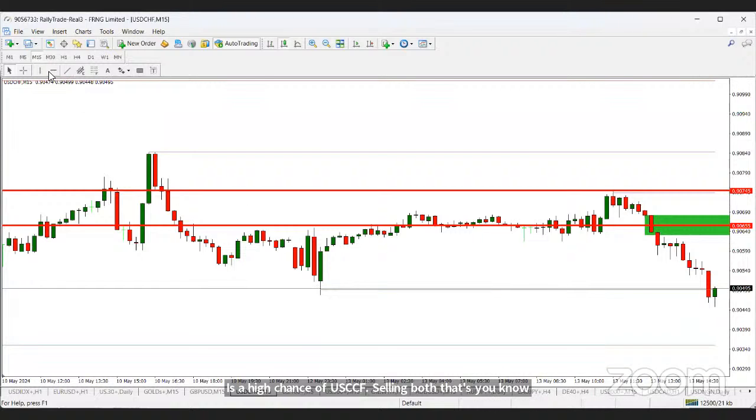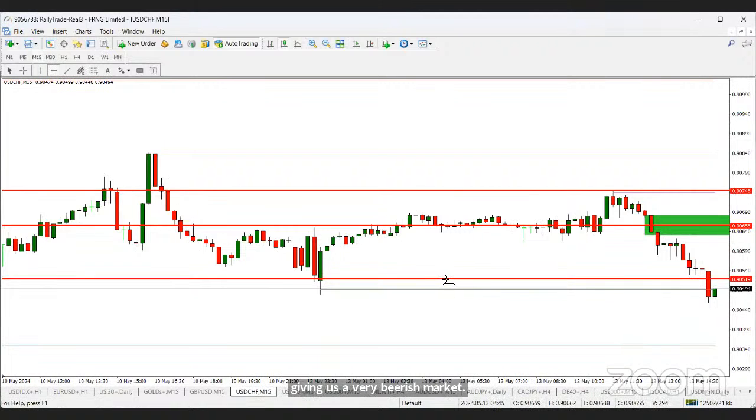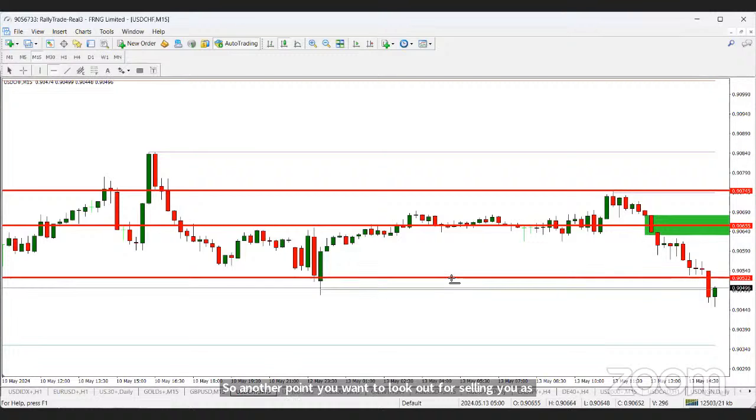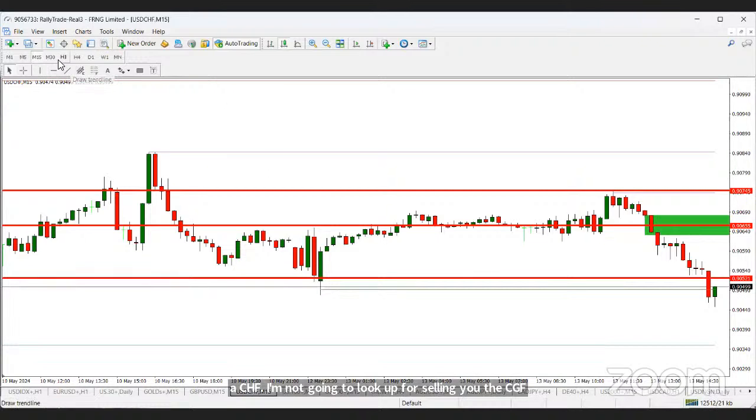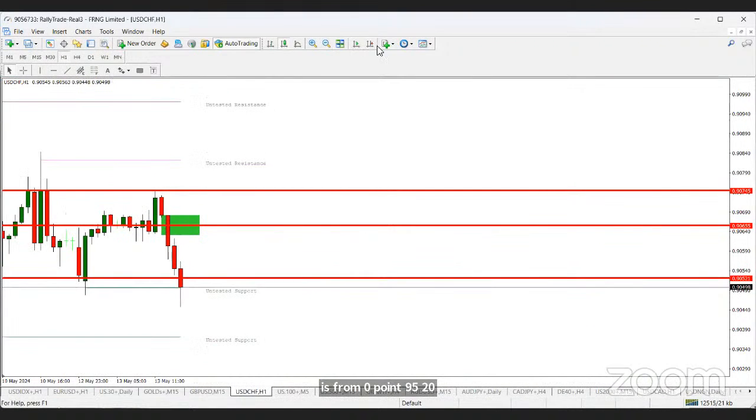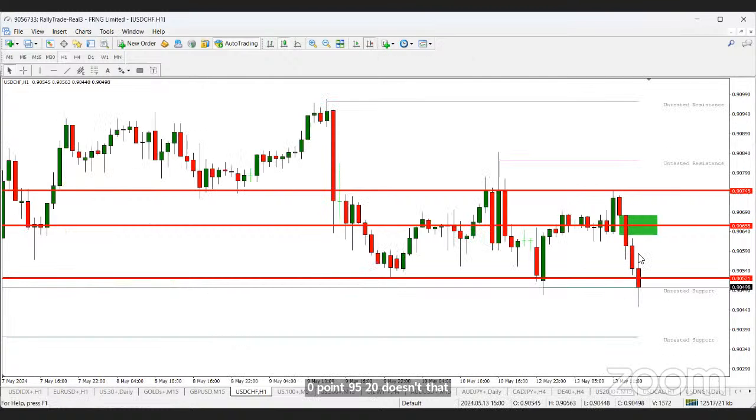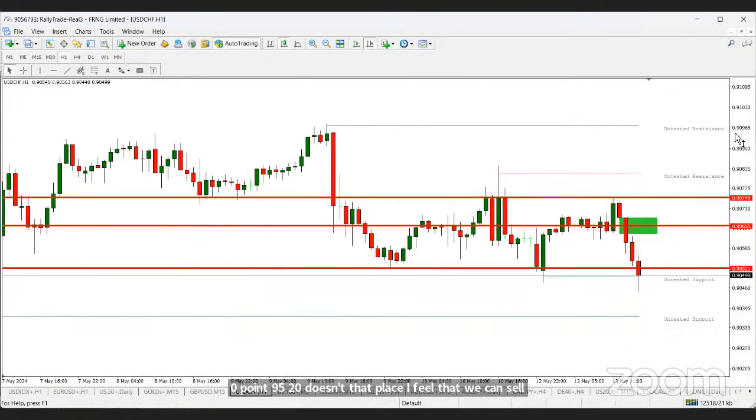Another point you want to look out for selling USDCHF is from 0.9520. That's another place I feel we can sell USDCHF from.